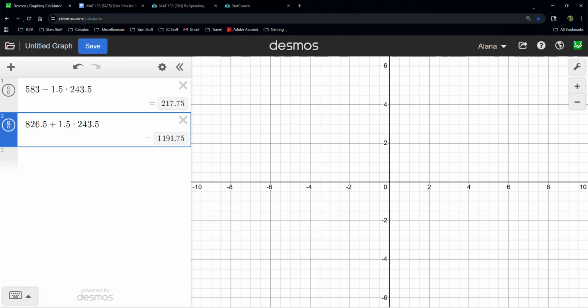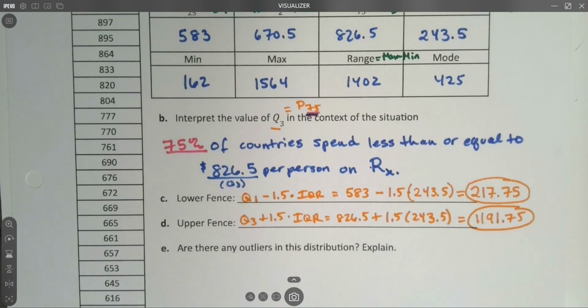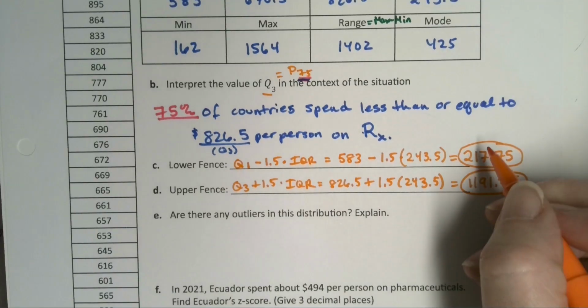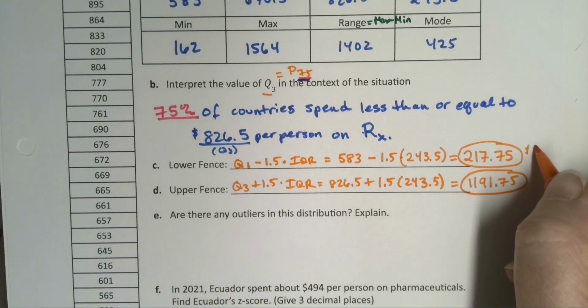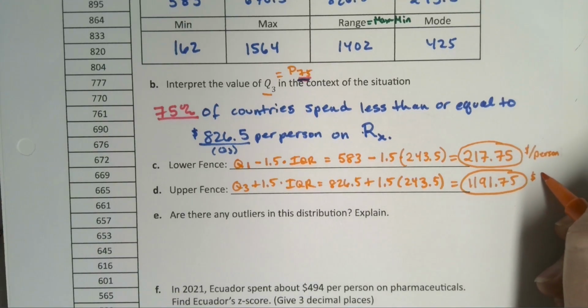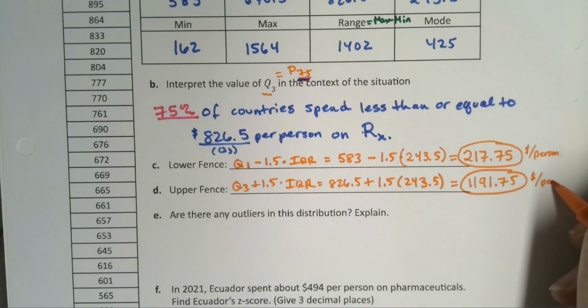And we get 1191.75 or $1,191.75 per person, right? Because this is money. Again, if you're interested, you could write dollars per person. It's not strictly required, but dollars per person.